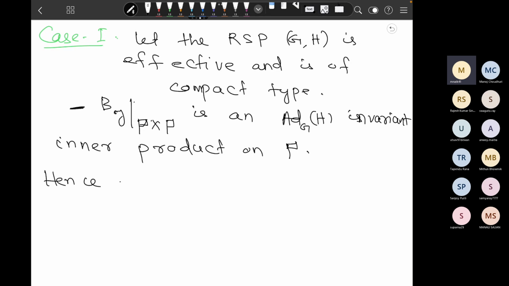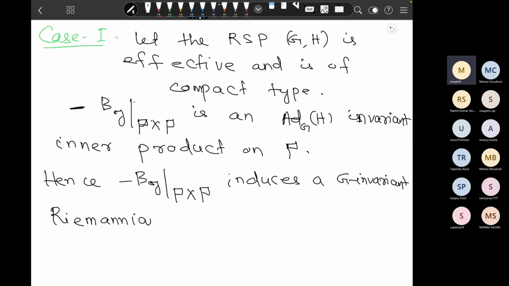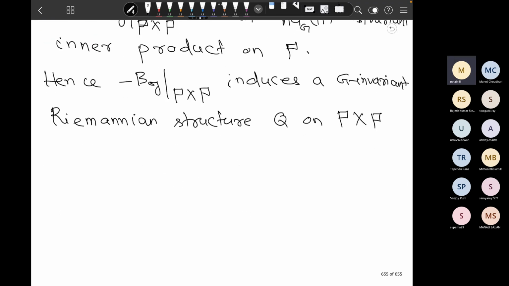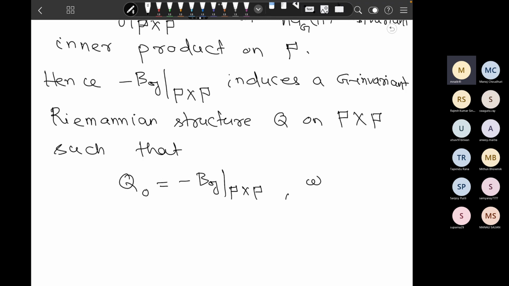So hence minus B_G restricted to 𝔭 × 𝔭 induces a G invariant Riemannian structure Q on G/H, so that this Q_o is equal to minus B_G restricted to 𝔭 × 𝔭. Here o is equal to the coset eH, which belongs to G/H, and I have told you that I can identify this 𝔭 with T_o(G/H).